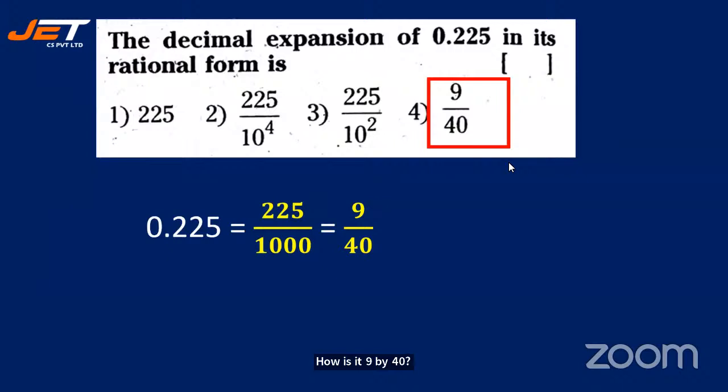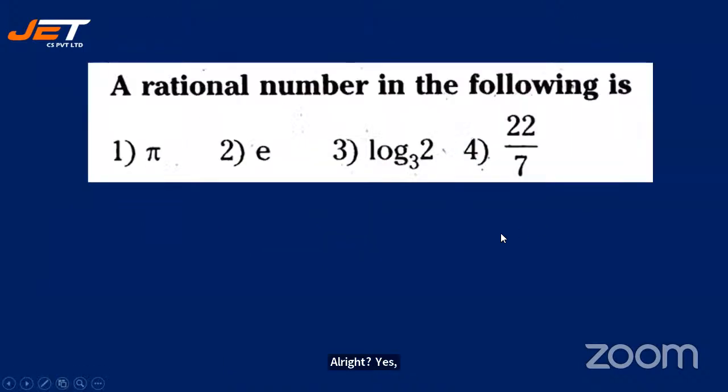See, 0.225 can be written as 225 by 1000. Why 1000? After the decimal, you have 3 digits, isn't it? That is why you write it as 1000. So you can still bring down this 225 by 1000 to 9 by 40. All right? Yes, good. Those who have really tried and given me the right answer.